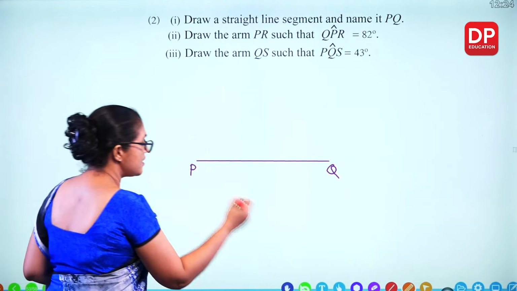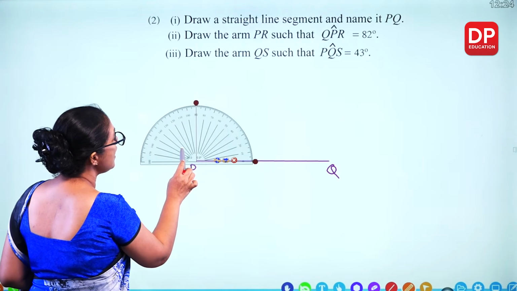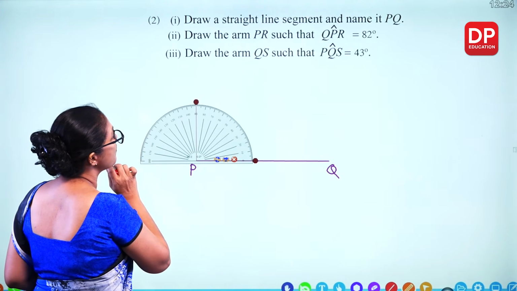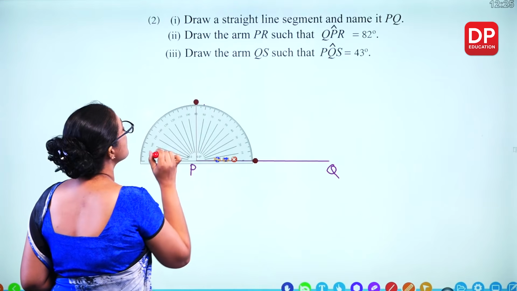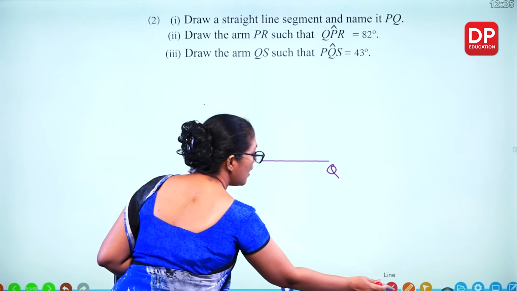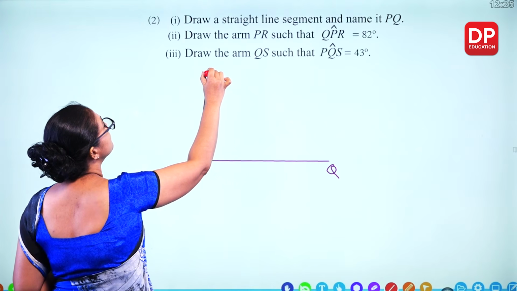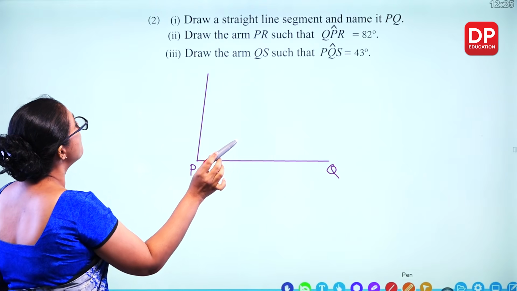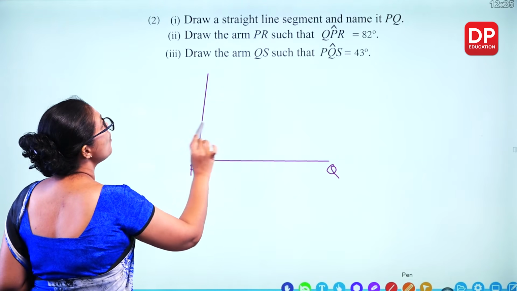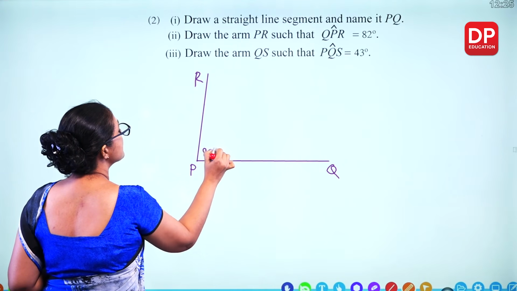So you need to take the protractor and measure 82 degrees. Here to here, 82, somewhere here, and connect it. So QPR is 82 degrees.